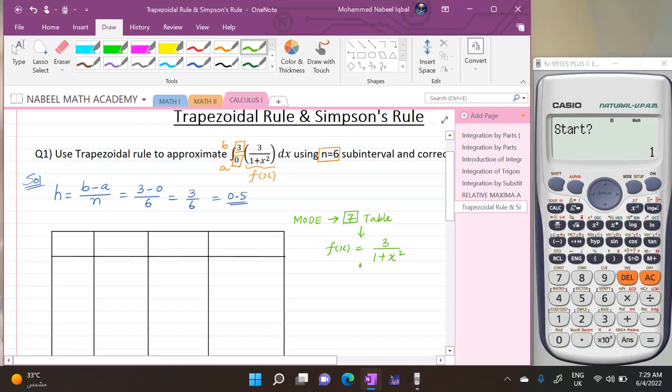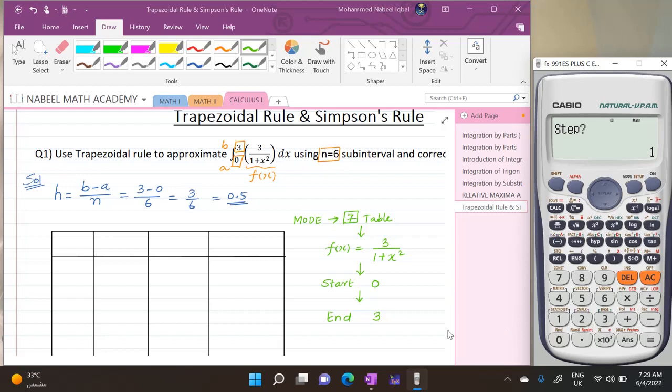The start is nothing but the lower limit, where the process will start. So the lower limit is 0. I press 0, equal. Then it will ask for the end, which is the upper limit, 3. So I press 3, equal.